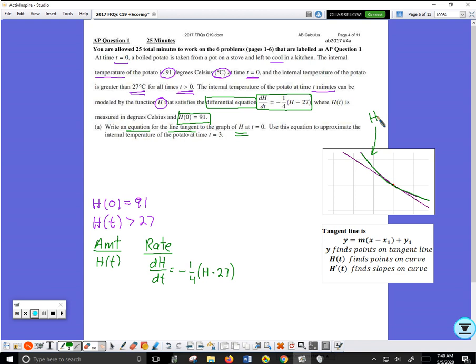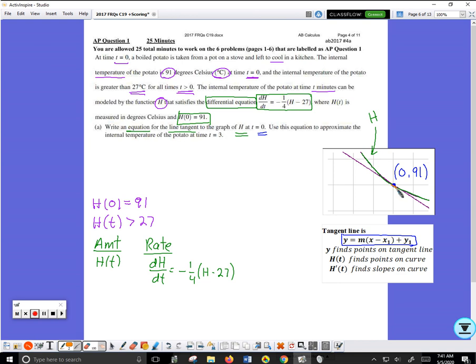I'm supposed to get an equation of the line that is tangent to h. So I need this equation here. Let's see. Tangent at time equals 0. At that point, the temperature of the potato is 91. This is (0, 91). All I need now is the slope right here on h.